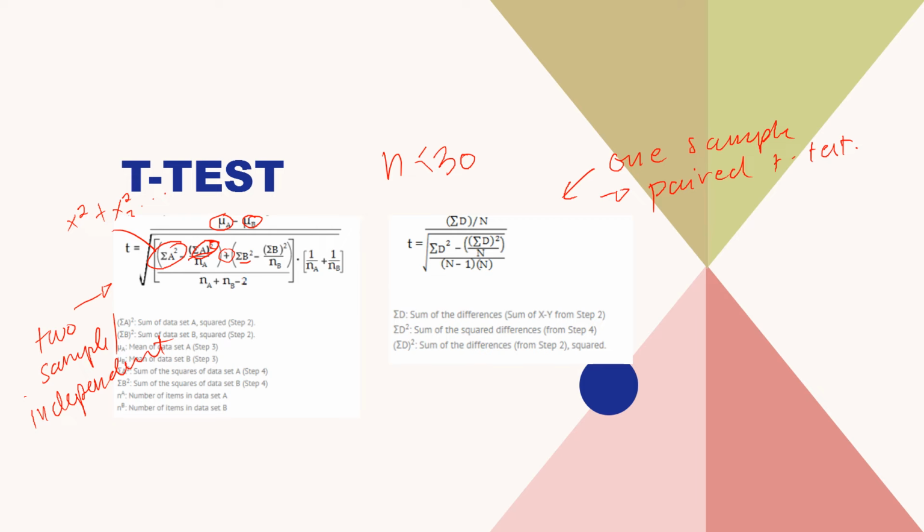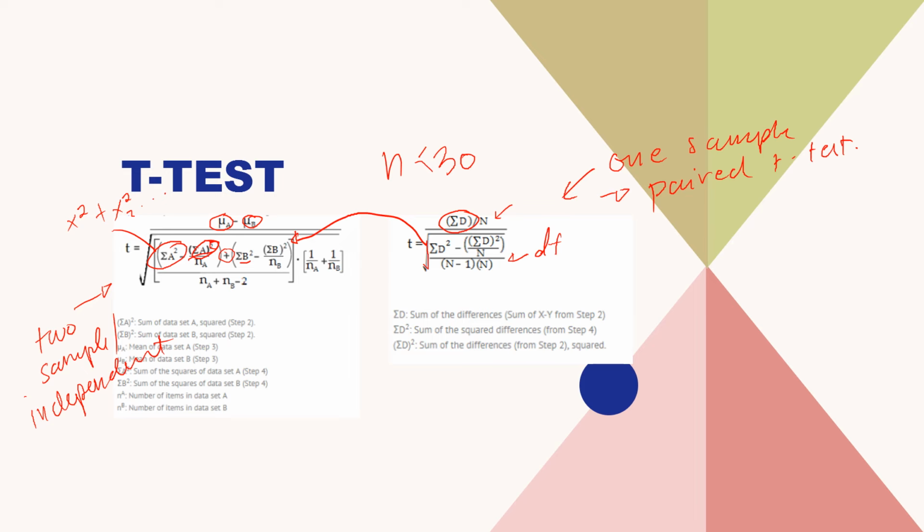For paired t-test, all you have to do is get the sum of differences. So this would be the sum of differences divided by n, which is our sample size, over the square root of the summation of differences squared. So again, the sum of squares of the differences minus the sum of the differences squared. You're going to notice that this is awfully similar to the two terms we have in our independent samples t-test, over this, which, by the way, is referred to as our degrees of freedom.